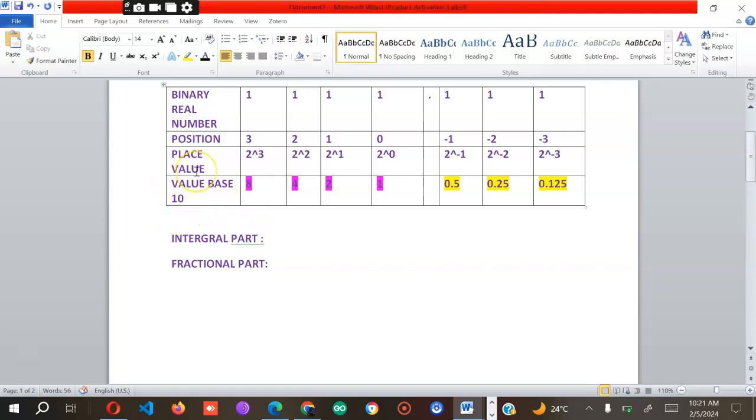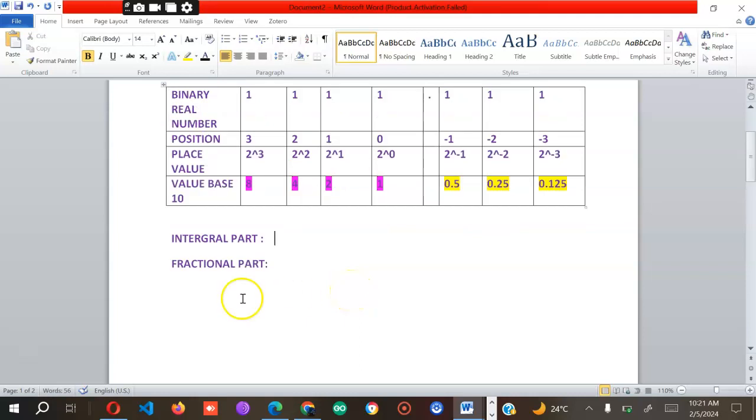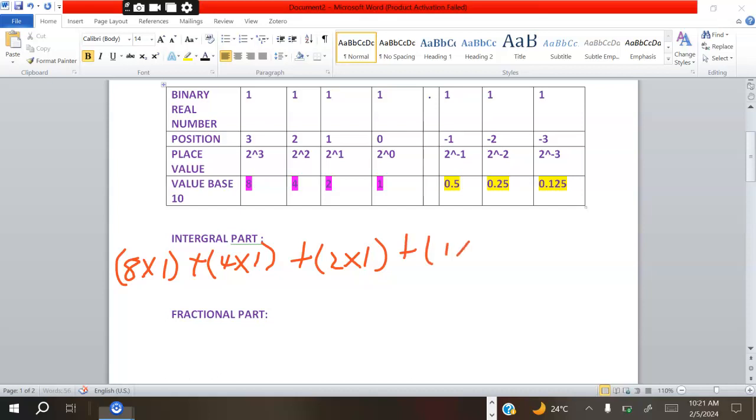So we have the integral part, that is 8 multiplied by 1, plus 4 multiplied by 1, plus 2 multiplied by 1, plus 1 multiplied by 1.